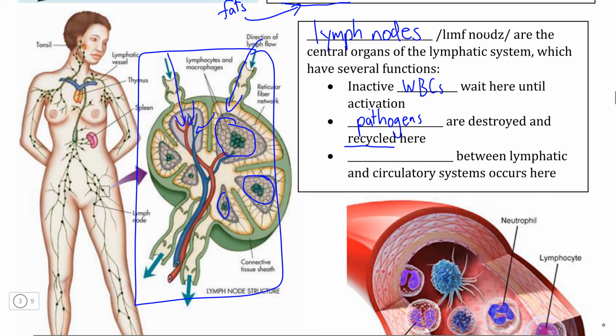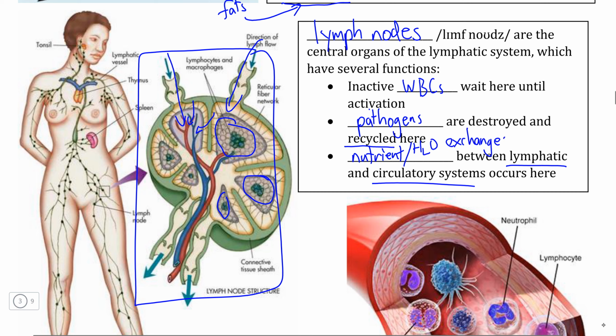So we can see here that lymph nodes are also the major intersection points, or the major connection points, between the lymphatic and circulatory systems. So this is the other location where both nutrient and water exchange happens.